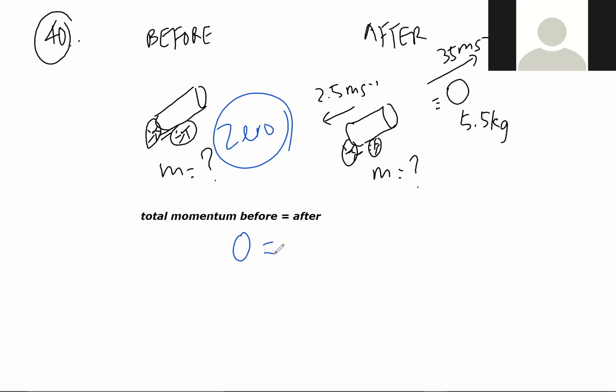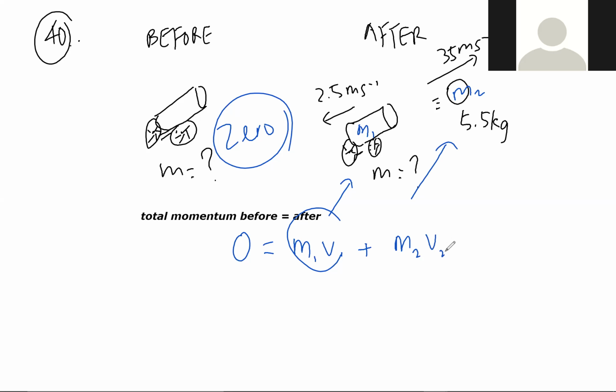So you count the momentum after, which is m1. 1 stands for the cannonball. We put it as m1, and this one is m2, right? So m1 v1 plus, this is the momentum of the cannon, m2 v2.